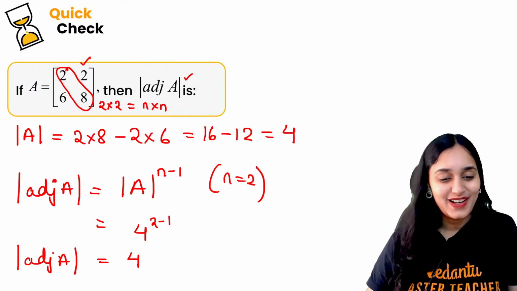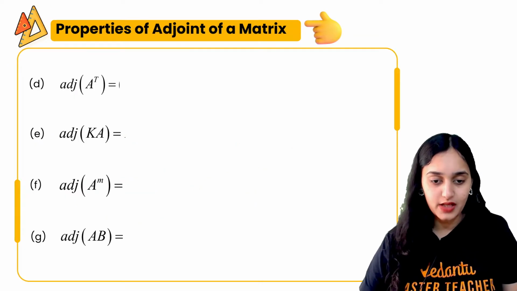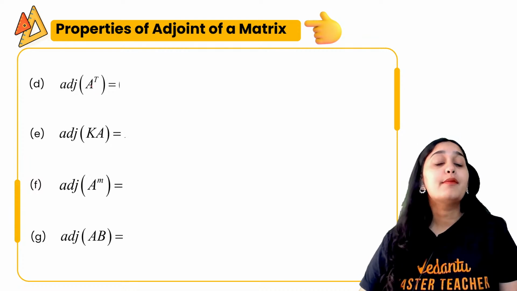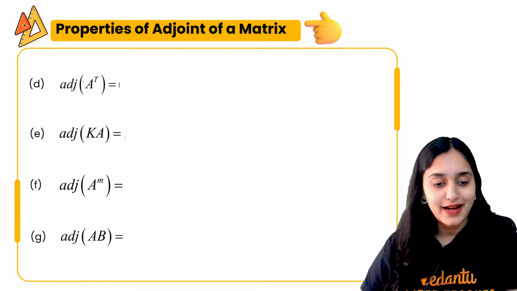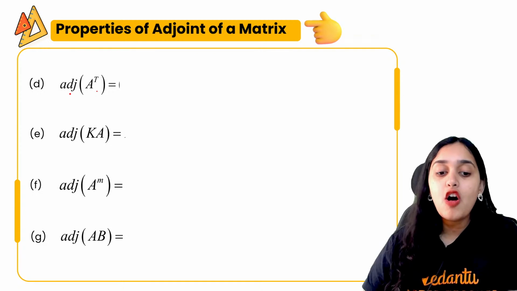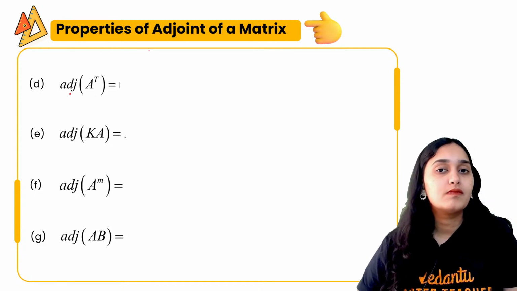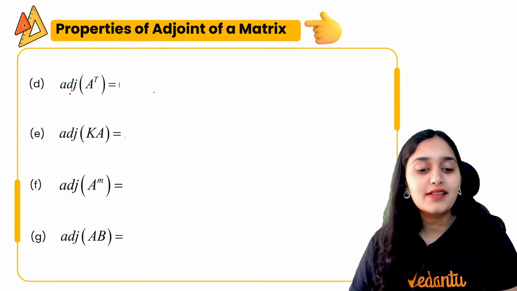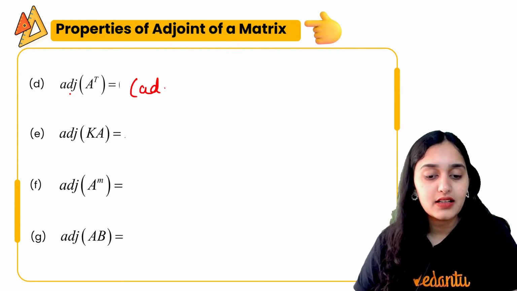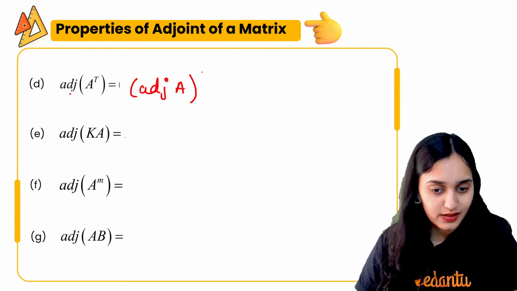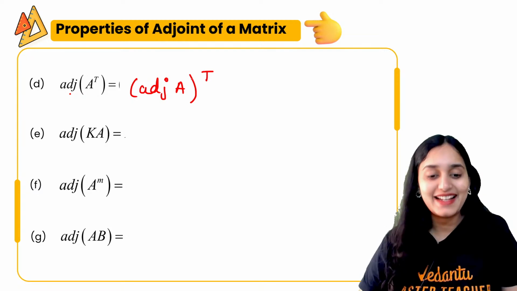Clear to all of you what you are going to do here? Awesome. Next, some more properties related to the adjoint of a matrix. What is adjoint of A transpose? Is it the same as adjoint of A whole transpose? Yes, it is the same.